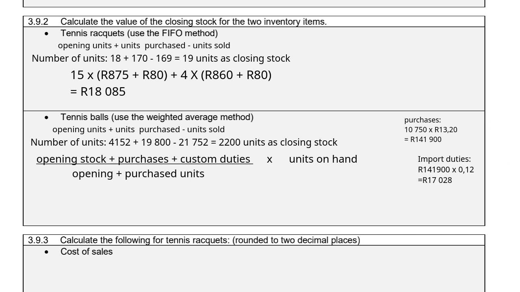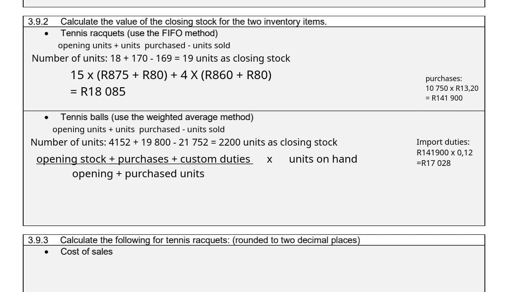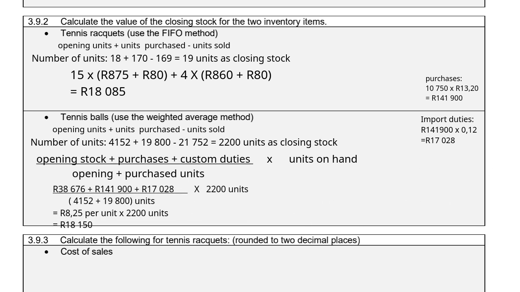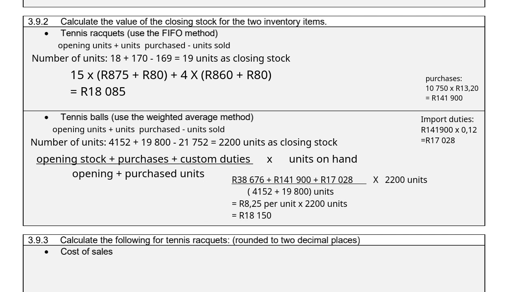And our custom duties, they said it's 12% of our purchases, which will be 17,028 Rand. So then to complete the calculation, our opening stock is 38,676 Rand.